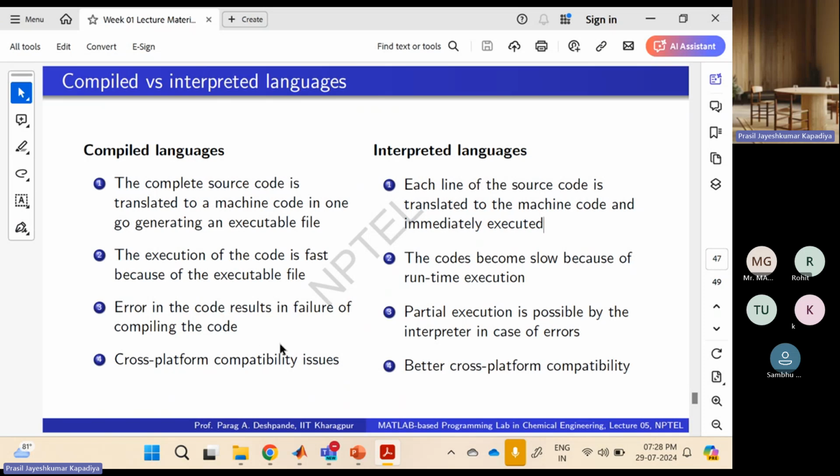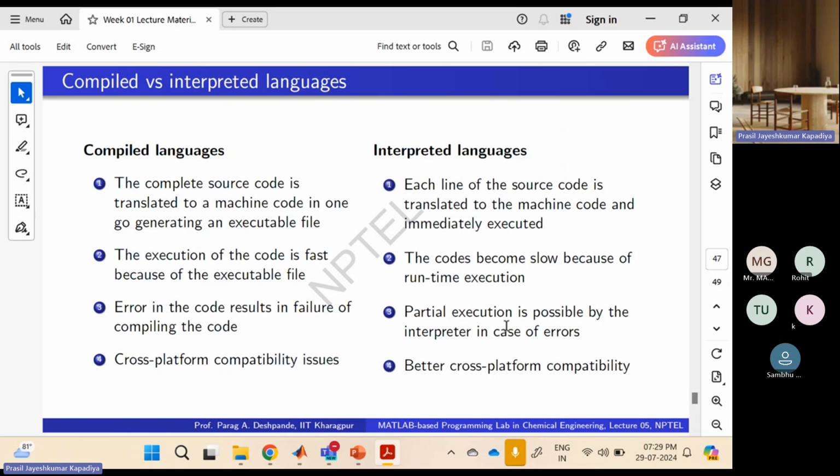In compiled language, as we are converting the whole code into machine code, an error in the code results in failure of compiling. While in interpreted language, we can do partial execution, step by step, line by line, and I will show you how we can do it.